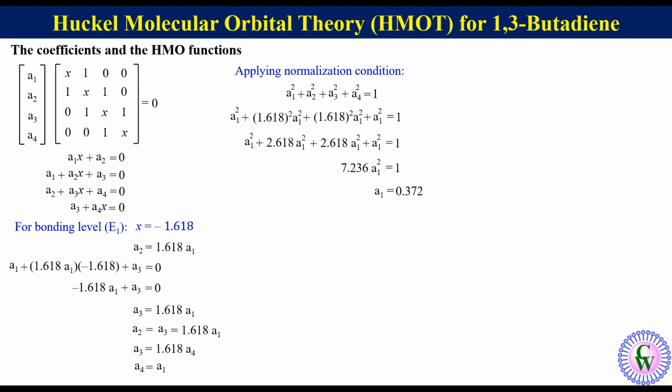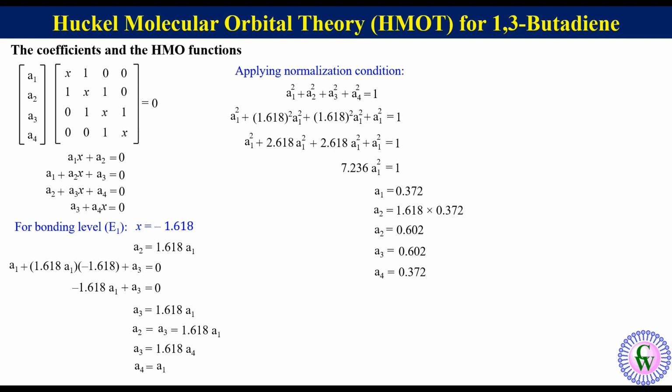So A2 is equal to 1.618 into 0.372, or A2 is equal to 0.602. Since A3 is equal to A2, so A3 is equal to 0.602. Since A4 is equal to A1, so A4 is equal to 0.372.